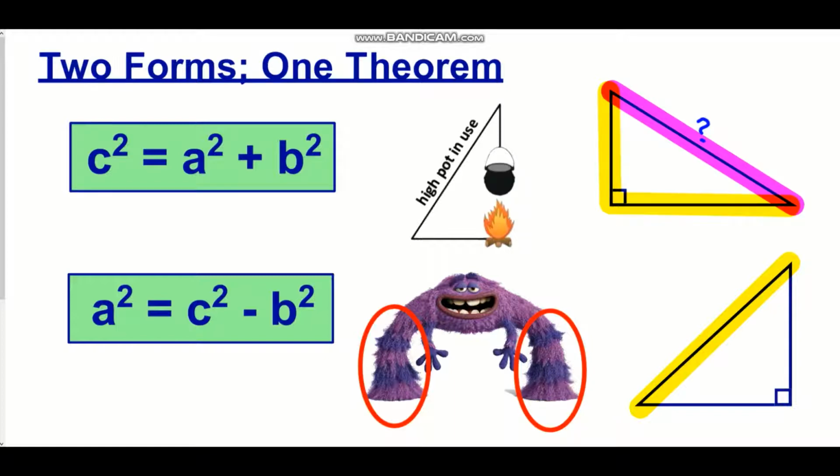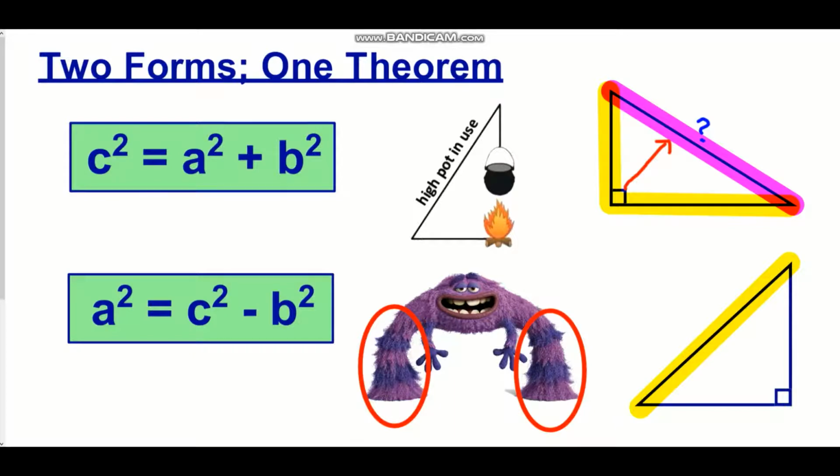That's c squared. You know which one your longest side is because it is always opposite the right angle in the right-angled triangle. It doesn't matter how your triangle is rotated, the one that is opposite the right angle is the longest side. And if you're trying to find it, you use c squared equals a squared plus b squared.